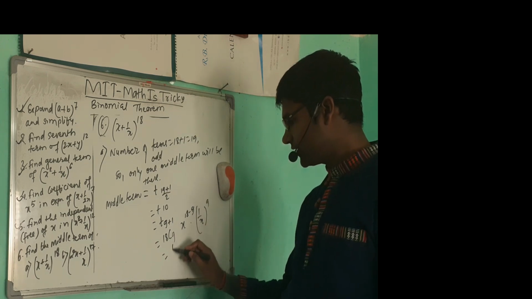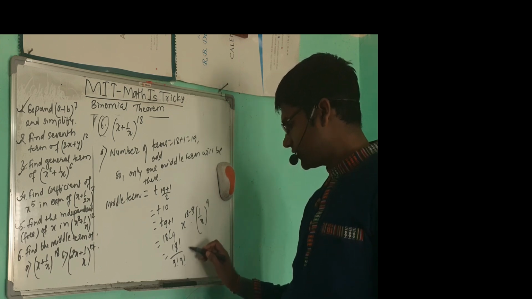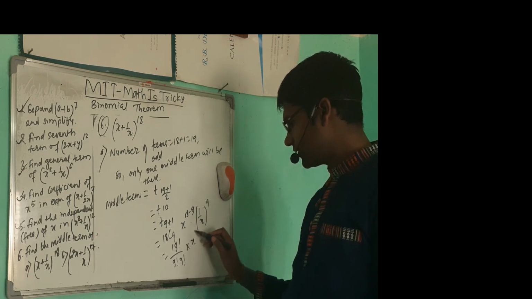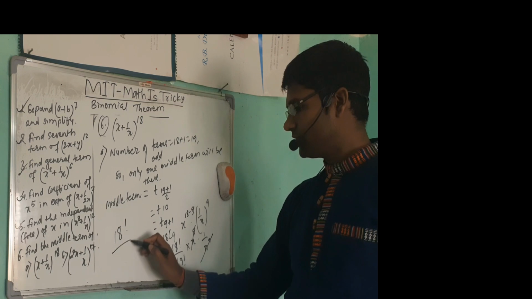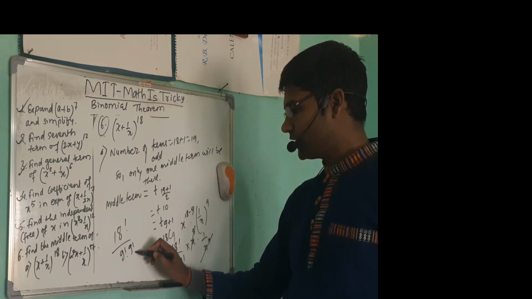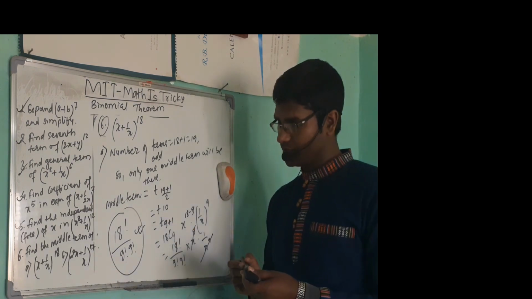That is 18 factorial by 9 factorial times 9 factorial into x power 9 by x power 9. These two cancel, so the answer is 18 factorial by 9 factorial times 9 factorial. This is our middle term.